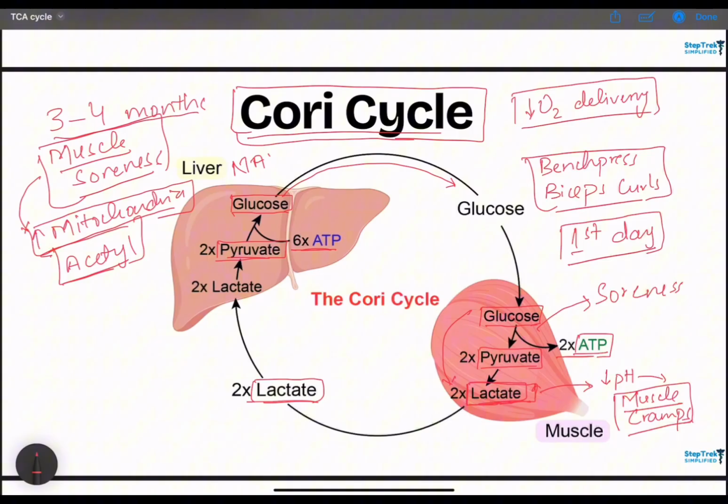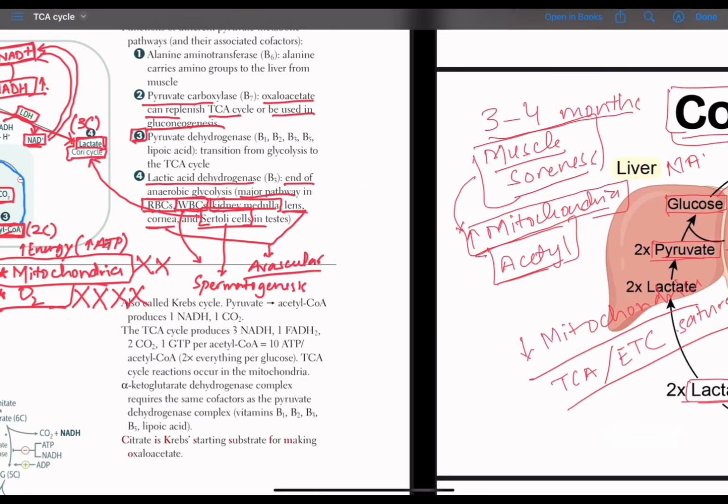Thus, there is no accumulation of lactate after going to the gym for more than 3 or 4 months. But initially, it is due to the decreased mitochondria, and the available mitochondria's TCA cycle and electron transport chain are saturated. Thus, pyruvate is converted into lactate. This was all about the Cori cycle.